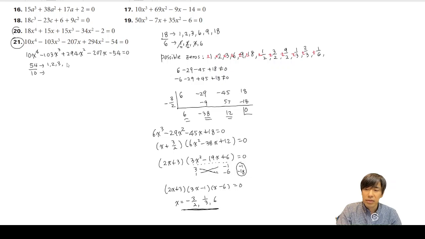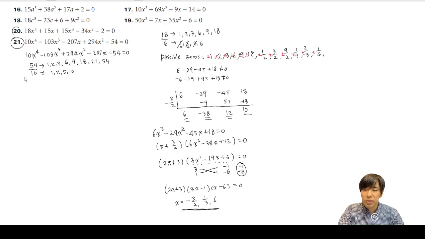Okay, 6 is good. 7, no. 8, no. 9, 10, 11, 12, 13, 14. 18 is going to do it. Is there any number in between 9 and 18? I don't think so. 27, and then 54. Then factors of 10: 1, 2, 5, and then 10.